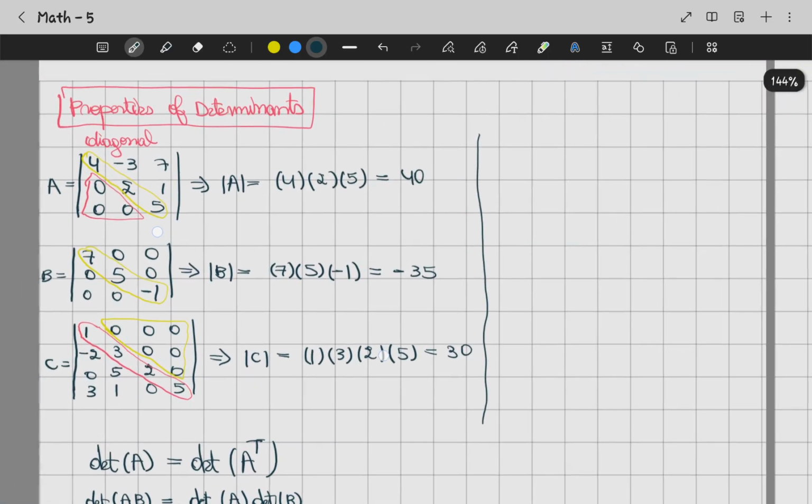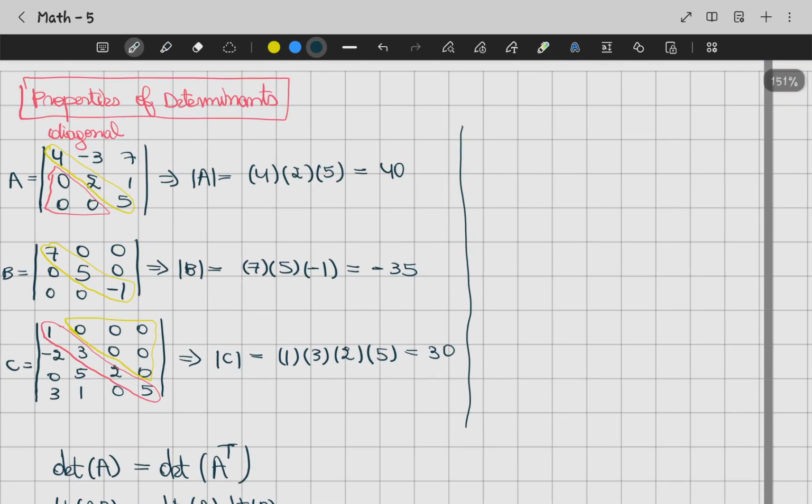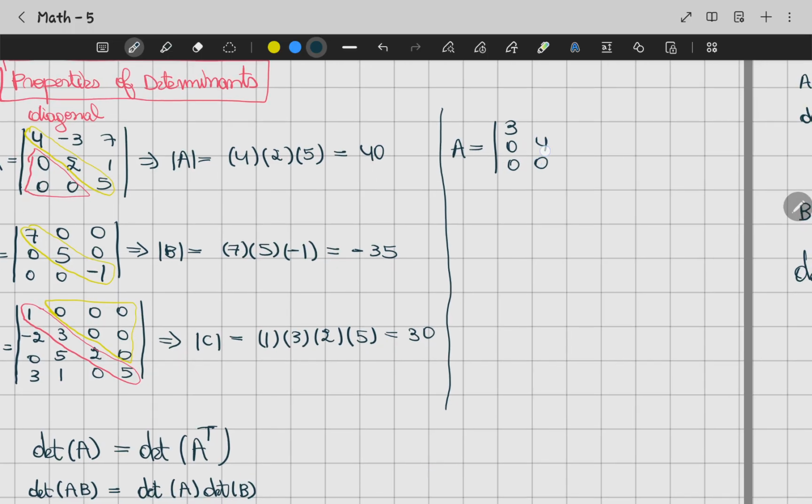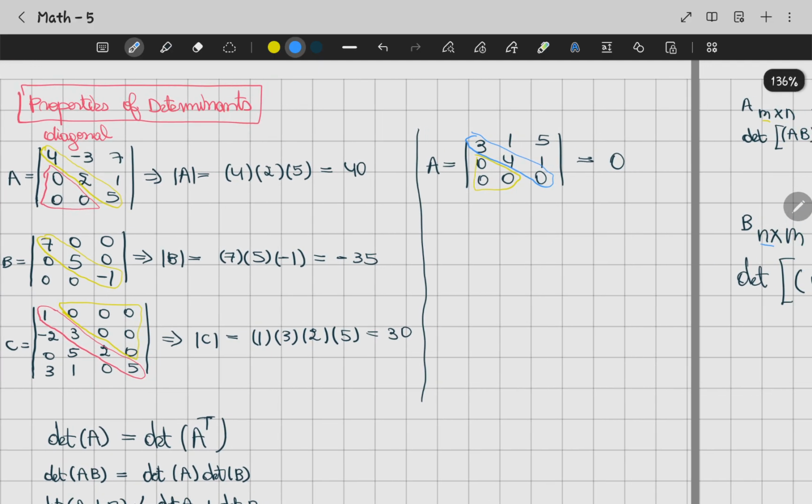Okay, let me give you some extra examples. Let's say we need to find the determinant of this matrix, similar to what we just saw. The answer to this matrix will be 0, because we already have a triangle here. Now we're going to solve what is on the diagonal, so it will be 3 times 4 times 0, which will give you 0.